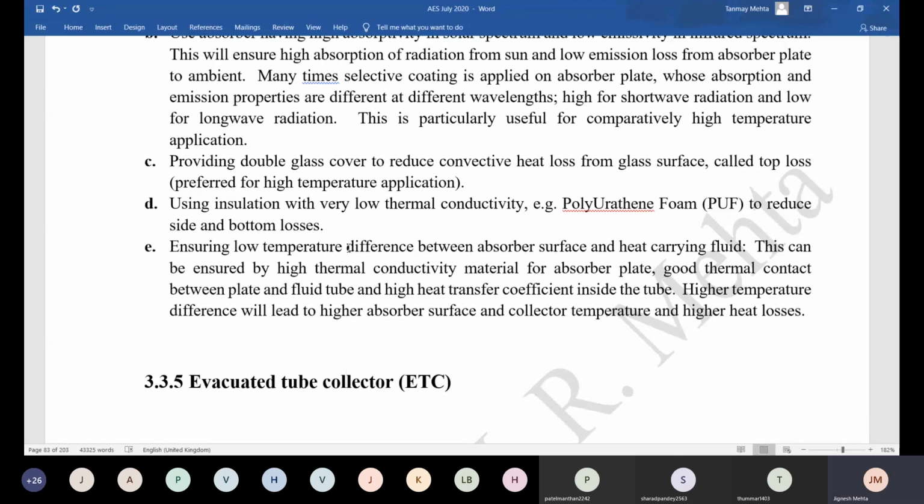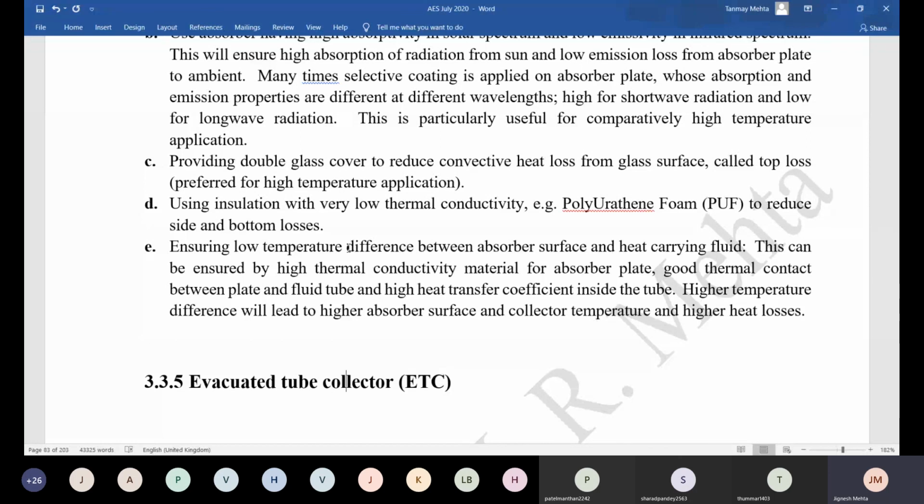Then instead of single glass, you may use double glass, right? There was a single glass used, but even that glass will reach a particular temperature higher than the ambient, and losses will start. Particularly when your operating temperature or absorber temperature is high, the glass also will achieve a very high temperature.